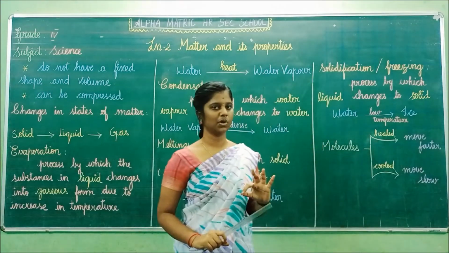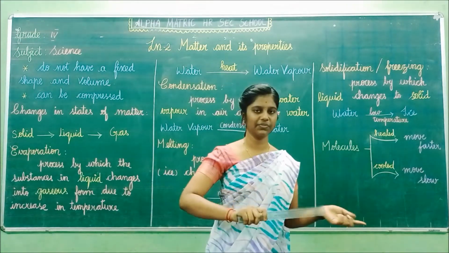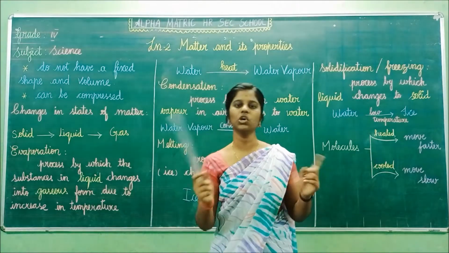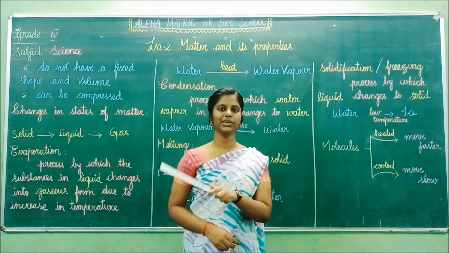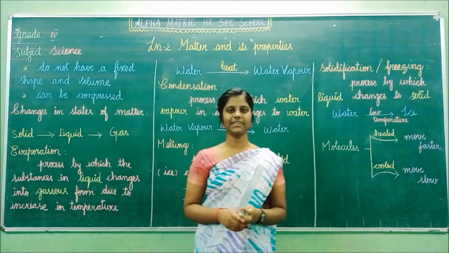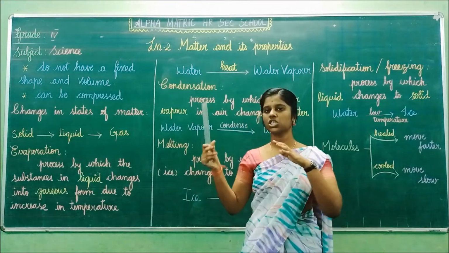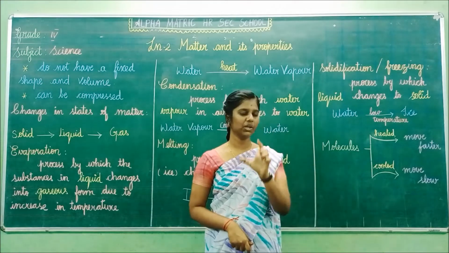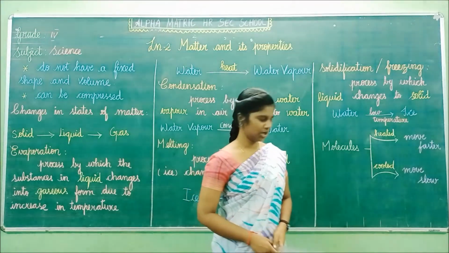The third process, melting. In melting, solid to liquid. The substance will change its state from solid to liquid. That is melting. In case of freezing, liquid to solid. The reverse process of melting is freezing, because in melting, it is solid to liquid, but in freezing, liquid to solid.